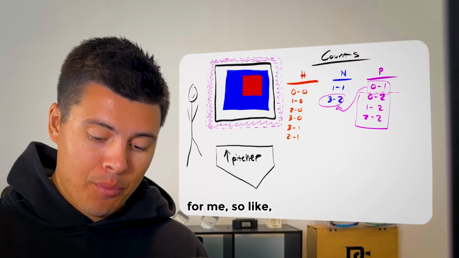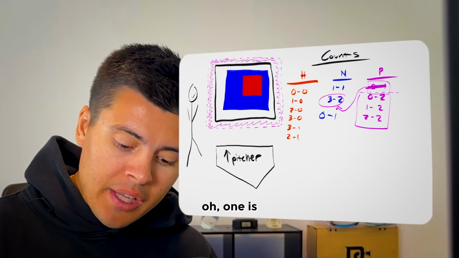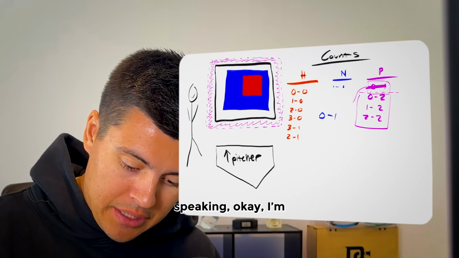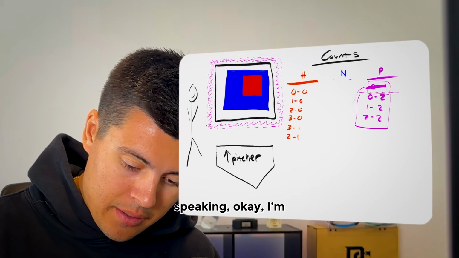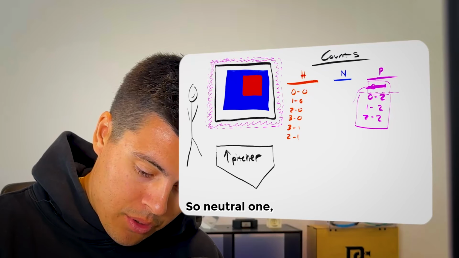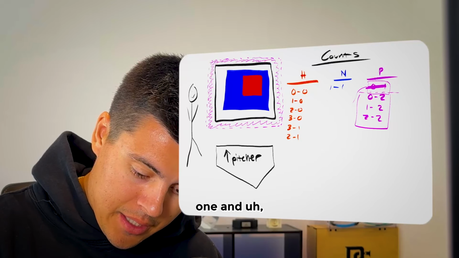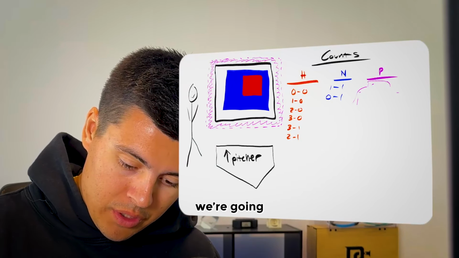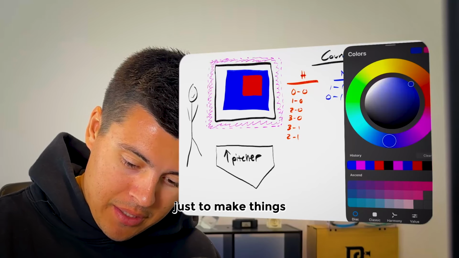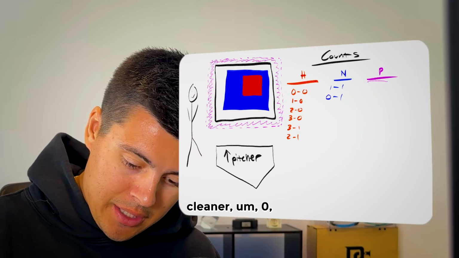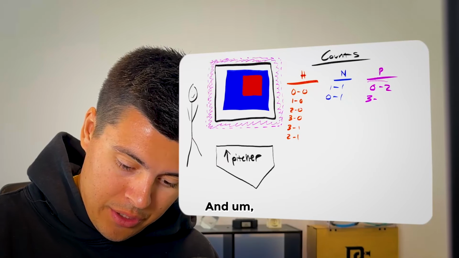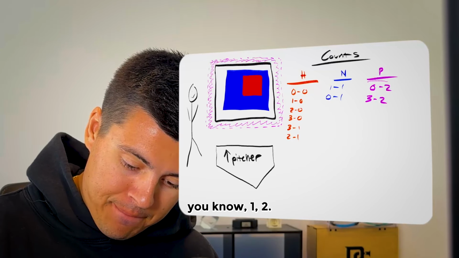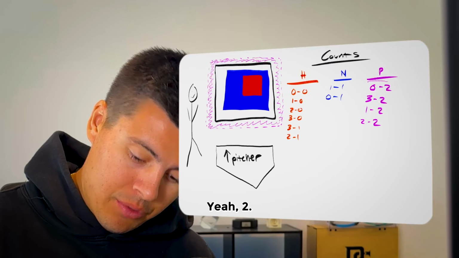So 0-1 is over here, and technically speaking, okay, I'm messing this up big time. So neutral 1-1 and 0-1, right? And then over here, again, just to make things cleaner, 0-2, 3-2, 1-2, 2-2.